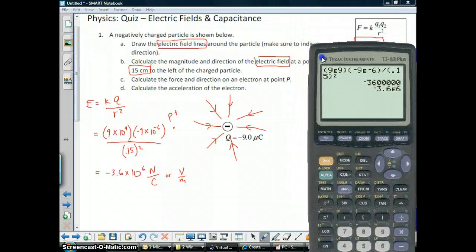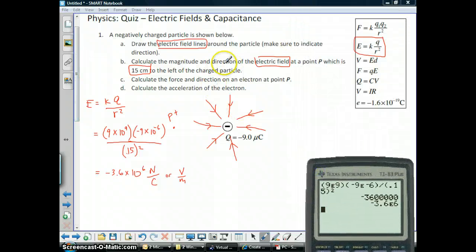So that's part B. That gives you the magnitude. The negative right there, that's not important. The direction is going to be towards, because this is just a positive test charge, so this is towards.